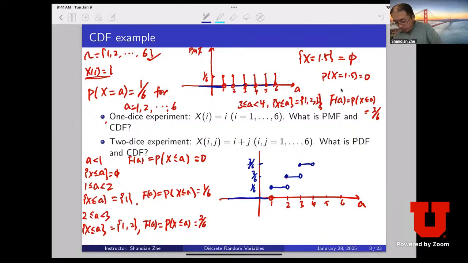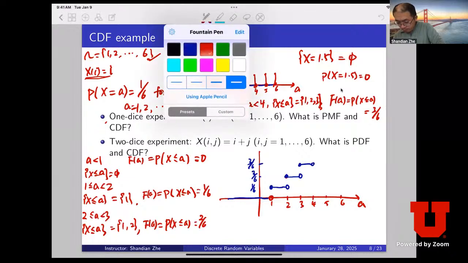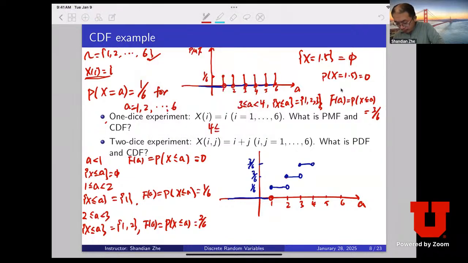So when 4 is less than or equal to A, less than 5, then this event X less than or equal to A will include 1, 2, 3, 4, right?